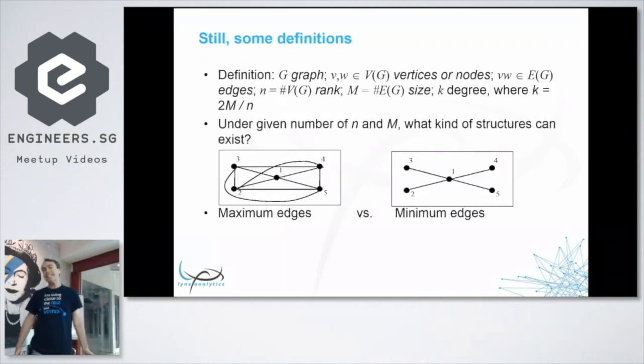Okay, so still I have to define a little bit what is graph and what is graph theory. The most important elements of the graphs are the vertices and the edges. Both are sets. The vertex set would be like a set of nodes. They can be numbers like V and W, and all these things are going to be called vertices.